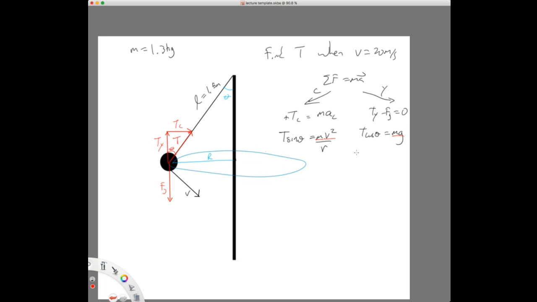So let's remember that the R is related to the length and the angle. So we can rewrite this as T sine theta equals mv squared over L times the sine of theta.